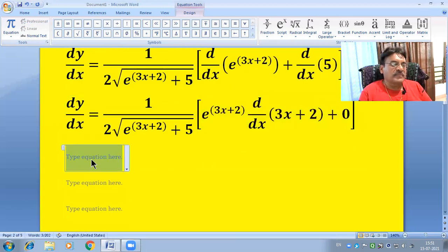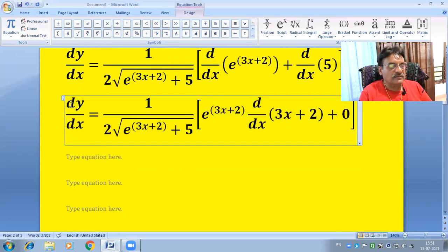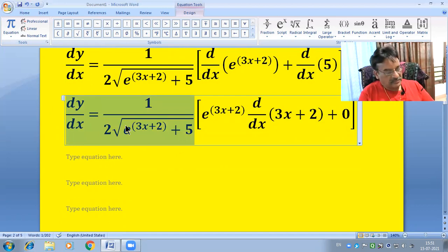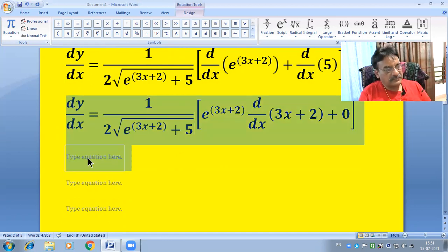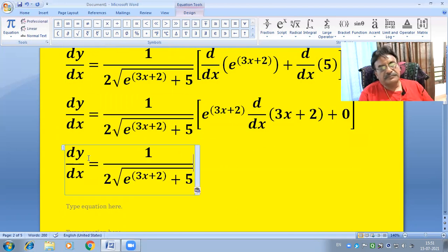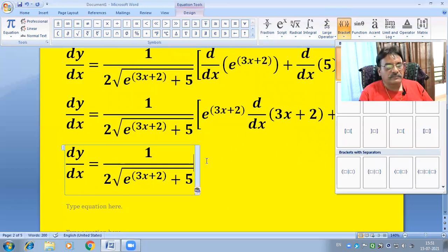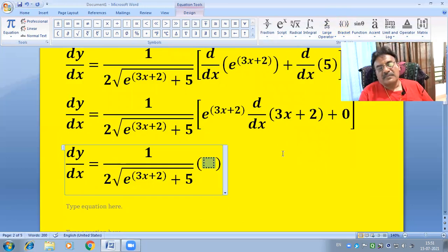Next here, again up to this step, as it is. So write this here in bracket, this e to the power 3x plus 2 as it is, d/dx of 3x.